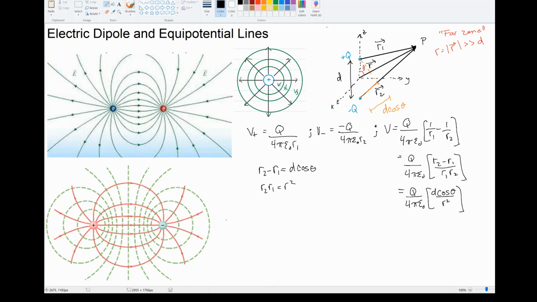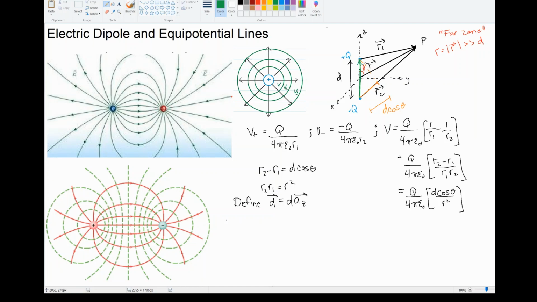Now, the numerator looks a lot like a dot product, where we have a scalar times a cosine of an angle, right? And so let's work a dot product in here. What we're going to do is define a vector d, a distance vector, which is the separating distance times a unit vector along the dipole axis.